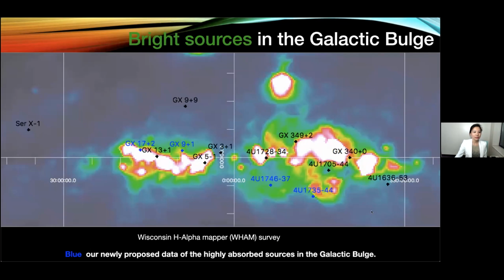This background is the Wisconsin H-alpha mapper survey, and these sources show the different directions we are looking at in order to measure the silicon gas and dust optical depths. These are the sources in our survey.